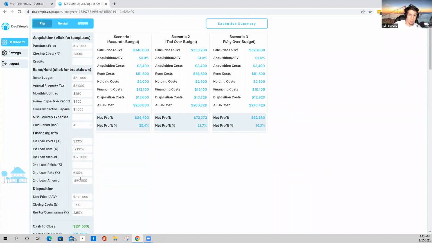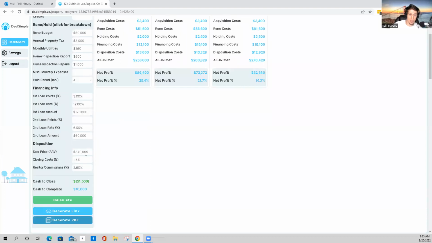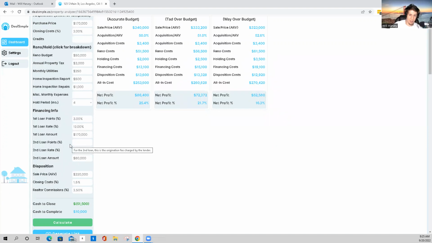So this, I'm trying to think, because, oh, you know what? We actually ended up selling this property for less than that. We actually ended up selling it for only about 320. I forgot. I was looking at the net profit, and it looked a lot higher than what we ended up making on it.